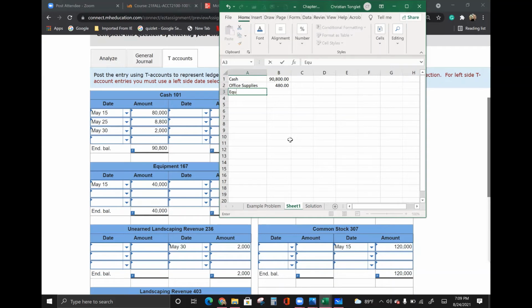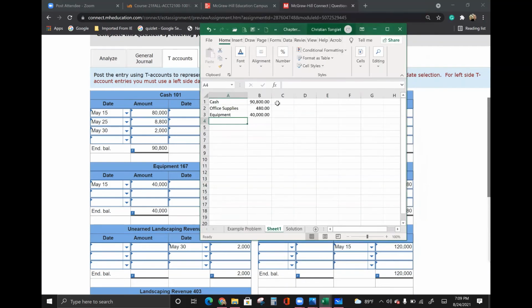Equipment, 40,000. Accounts payable. So all I'm doing is just taking each account that we used and listing it out with the balance.